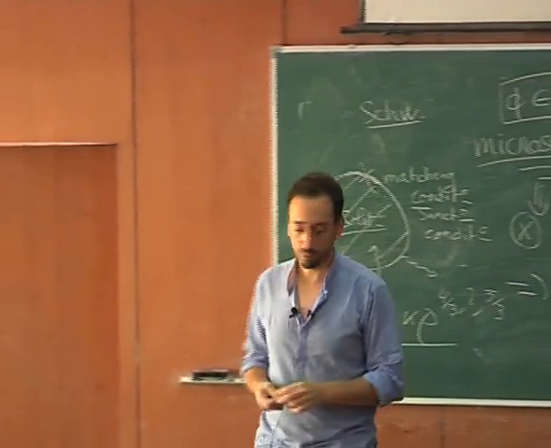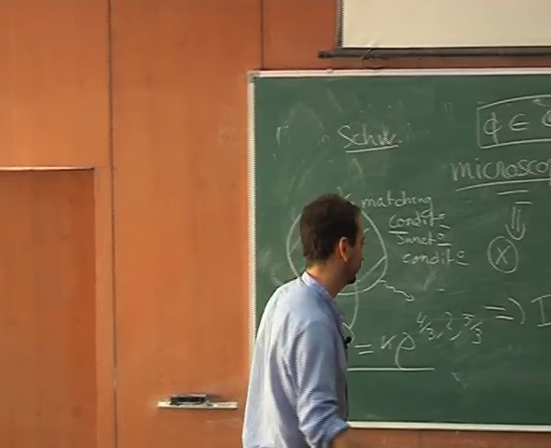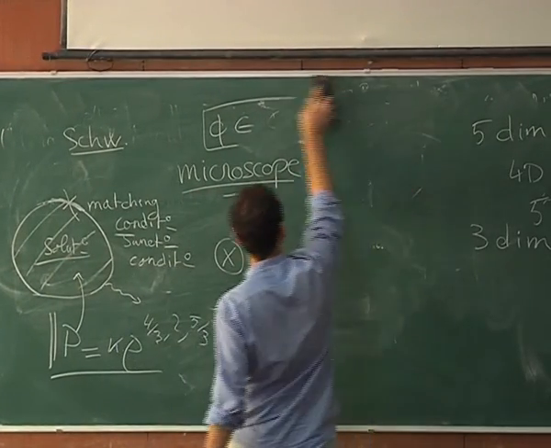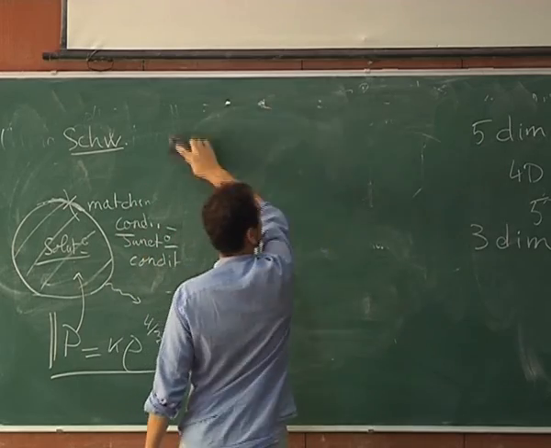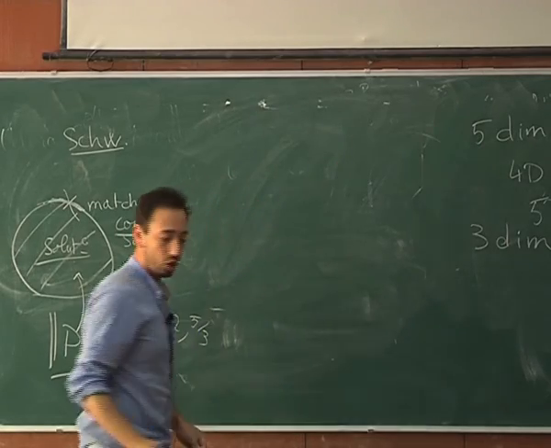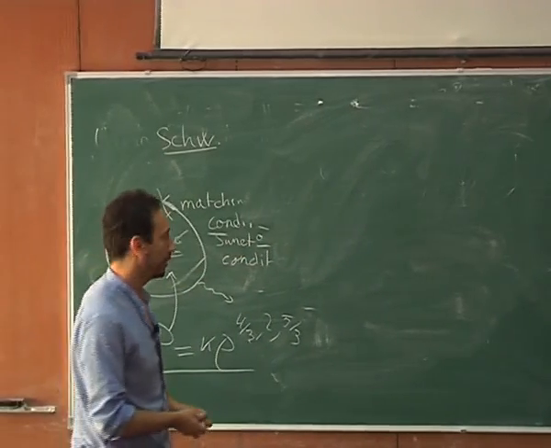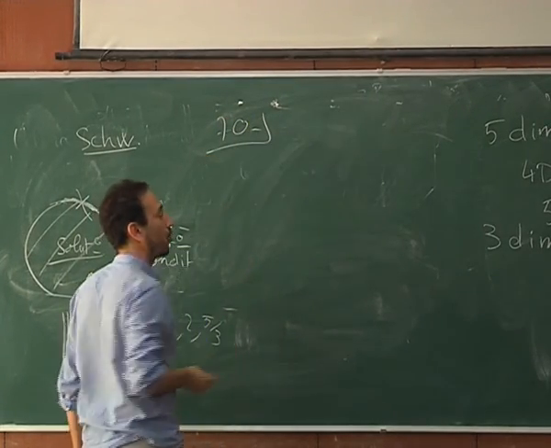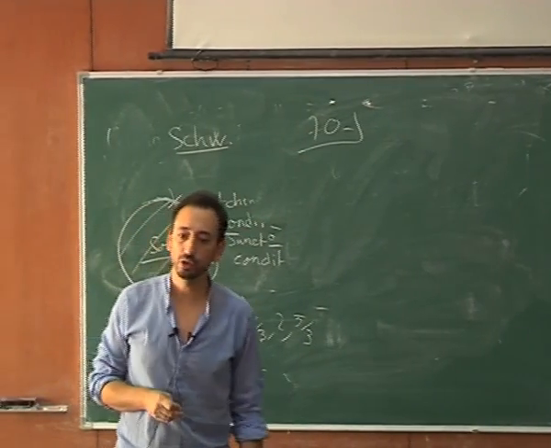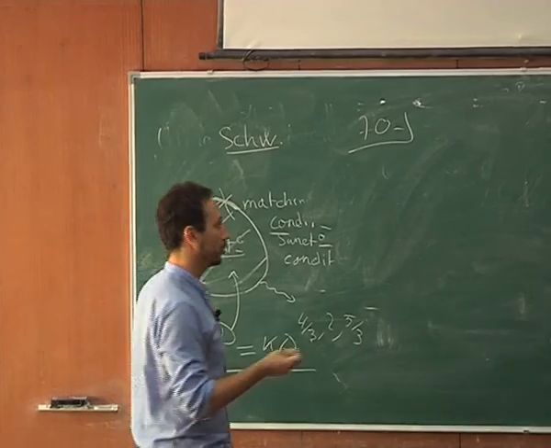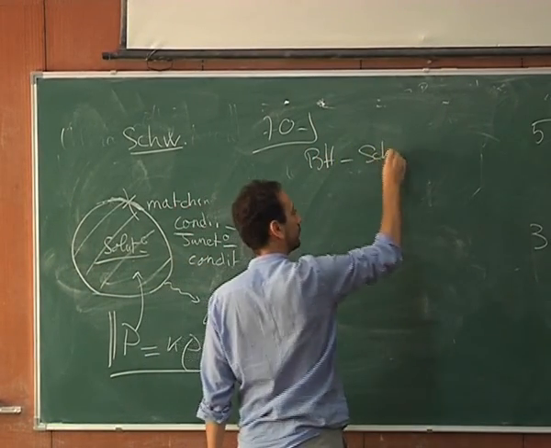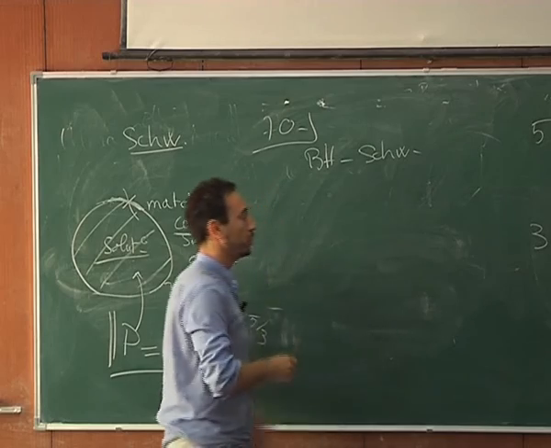Let me give you an example. A long time ago, in the 70s, I think, some people calculated what is the quantum correction to the Schwarzschild solution. So you take a black hole, which is Schwarzschild. So we know what is the metric.